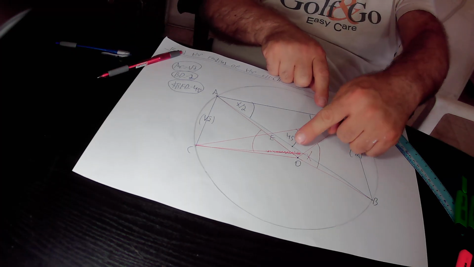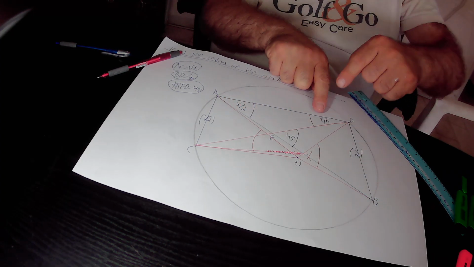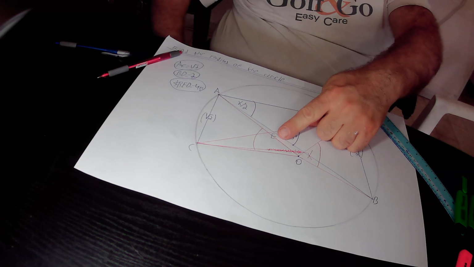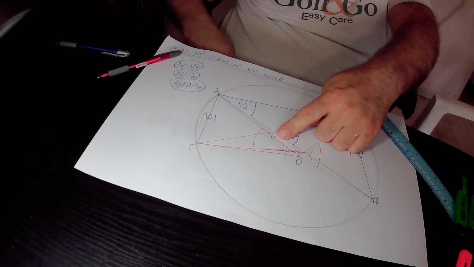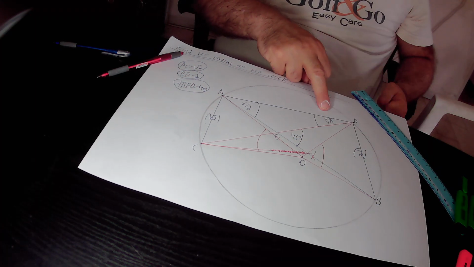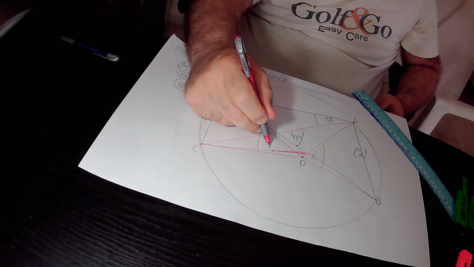Why? Because both those two angles are subtended on the same chord AC. The size of this peripheral angle ADC is y over 2, and therefore the size of this central angle AOC that is subtended on the same chord AC must be equal to y over 2 times 2, that is y. According to rule 13, of course.